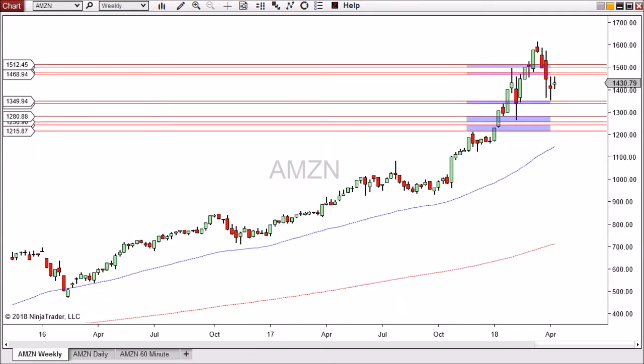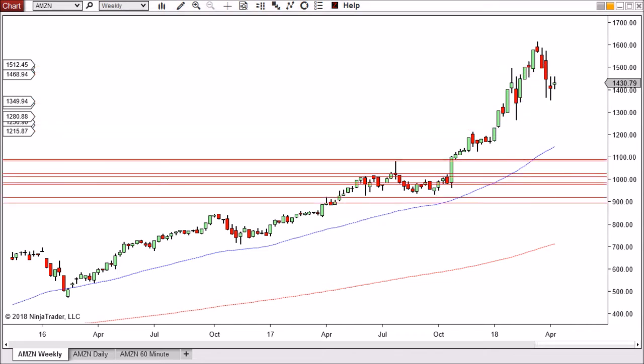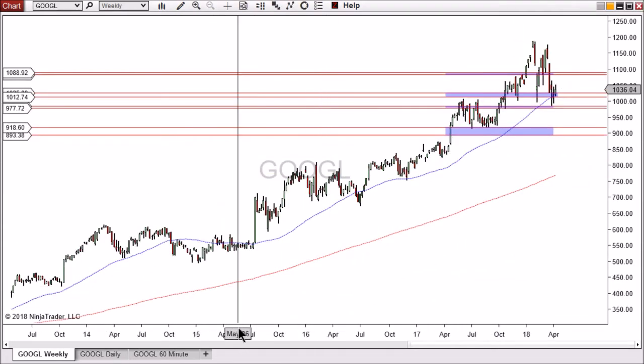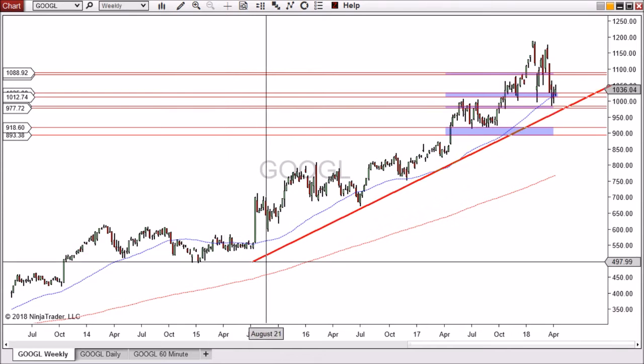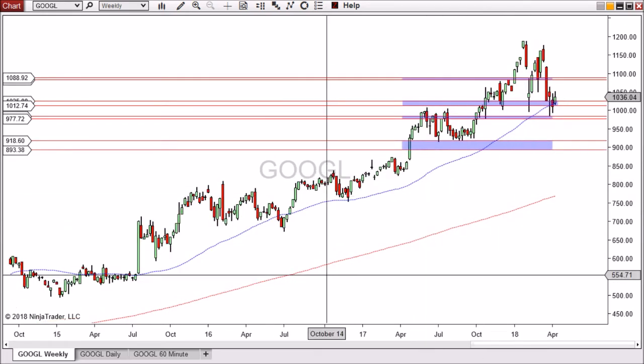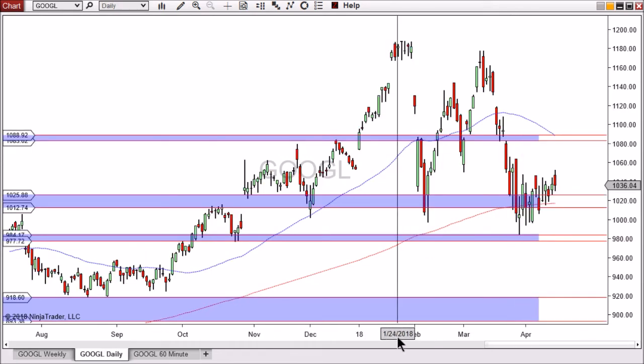Okay, we covered Netflix already, so let's take a look at Google, and that will finish up our FAANG stocks. Google also, if you take a look, the trend is still up. Although you can make a case that it is forming a series of lower highs, lower lows on the weekly, it is still in an uptrend until it breaks some of the key levels.